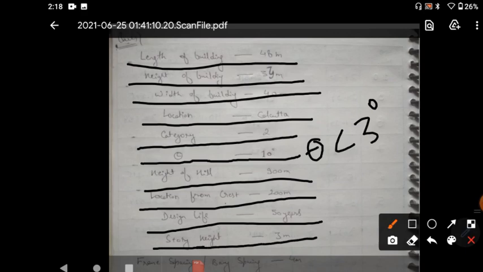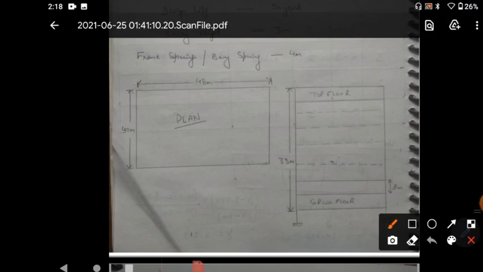Now from these details we can draw a plan and an elevation of the building. The bay width, as I have already discussed in the previous video, what is bay spacing or bay width, is given to us as 4 meter.